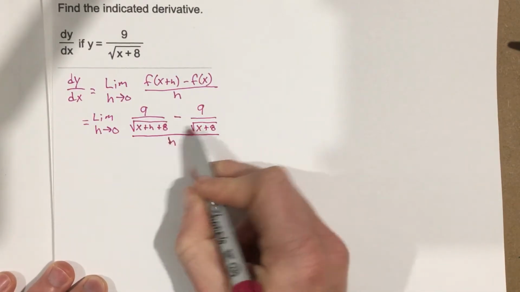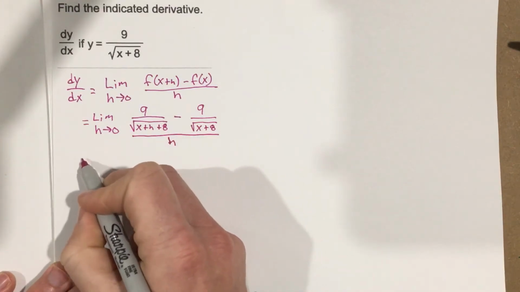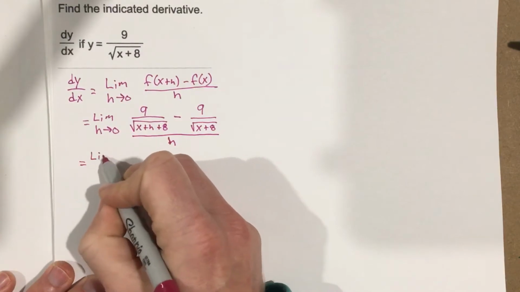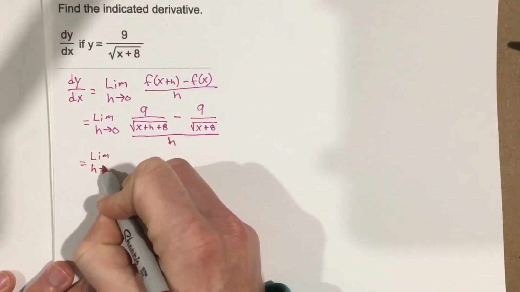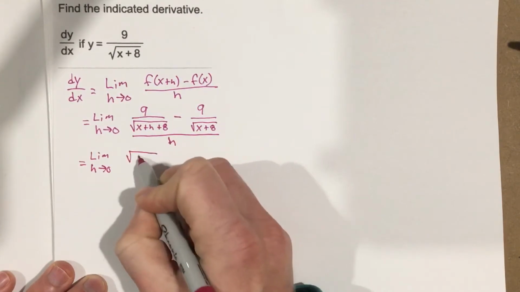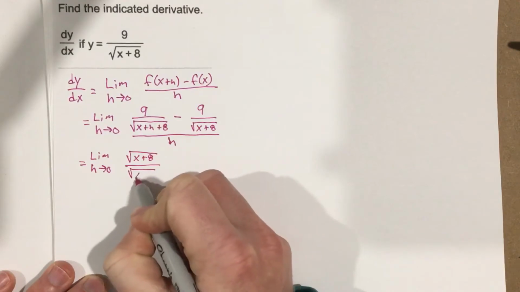Now I'm going to try and combine these together by multiplying these fractions to get a common denominator. So I'm going to multiply by, limit as h approaches 0, let's multiply the left one by root x plus 8 over root x plus 8.